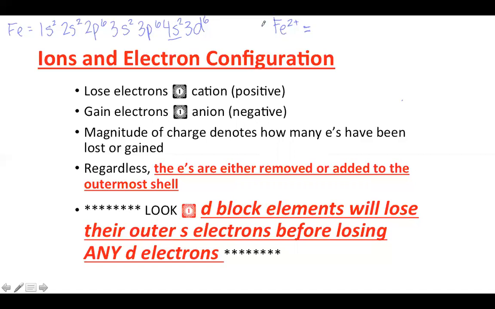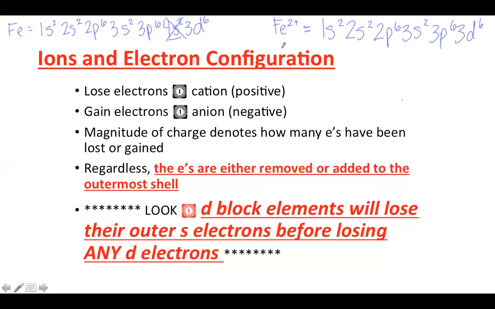So we lost 2 electrons. We're going to kick off both of those 4s's, so that's going to give us 1s2, 2s2, 2p6, 3s2, 3p6, and 3d6. So that would be the electron configuration for Fe2+.